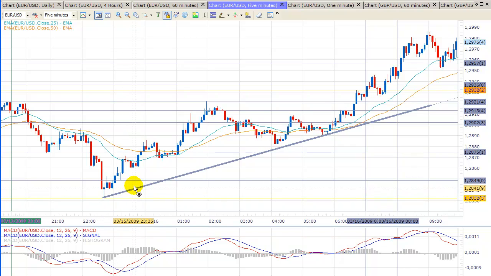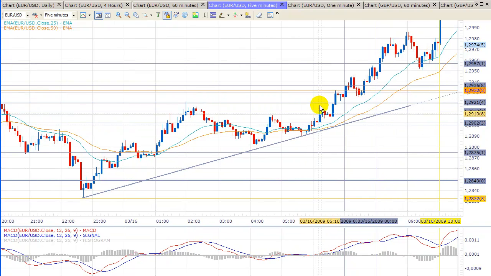Usually I consider the low between midnight and 7 o'clock GMT, but considering we got a weekend opening, I've taken this low, the most recent swing low. So we've got a range of almost 100 pips.